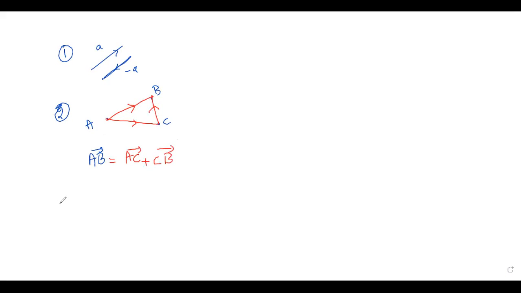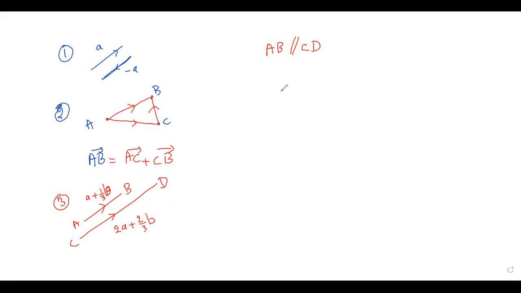Number three, if we have two parallel vectors, say AB is A plus 1 over 3B, and the other vector CD is 2A plus 2 over 3B, we say the vector AB is parallel to the vector CD because one of them is a multiple of the other.